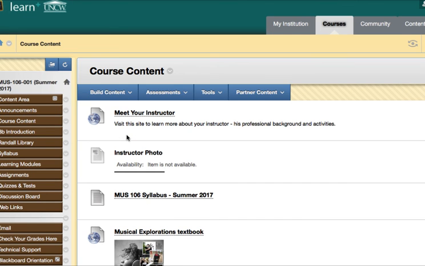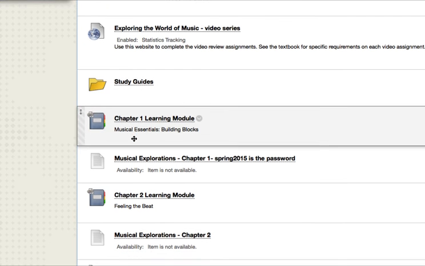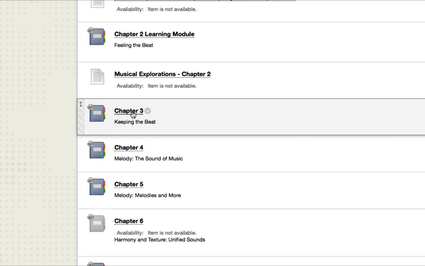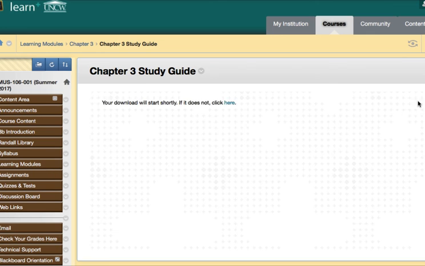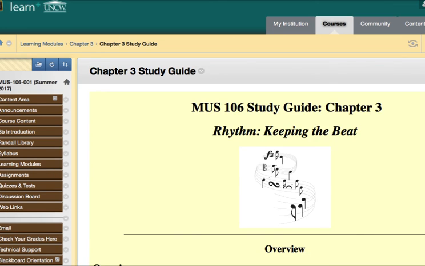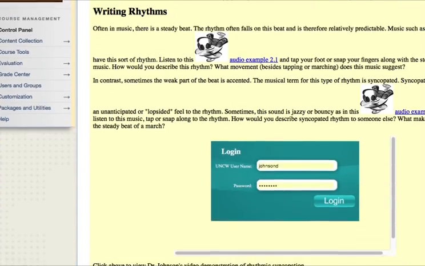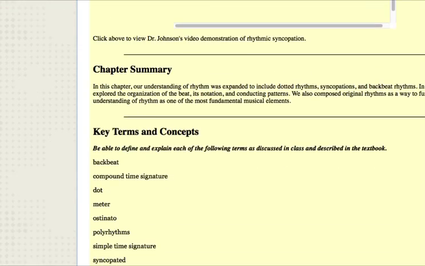Looking ahead here, we can see the learning module for chapter 3. The study guide takes a look at many of the same ideas that are in the textbook with a video example.